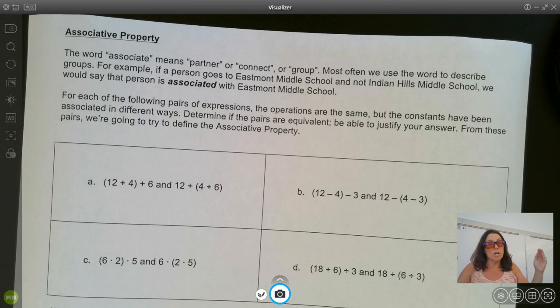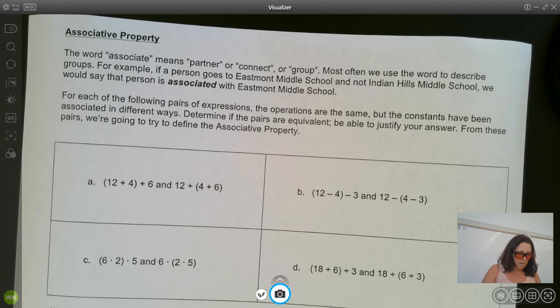The three of you are in the car. Let's say that Juan goes to pick up Sal, and then together they go pick up you. The three of you are in the car. So it doesn't matter in the end who gets picked up first or who gets picked up second. You're all in the car at the end.